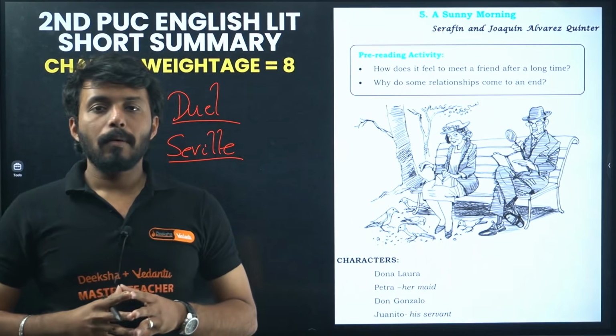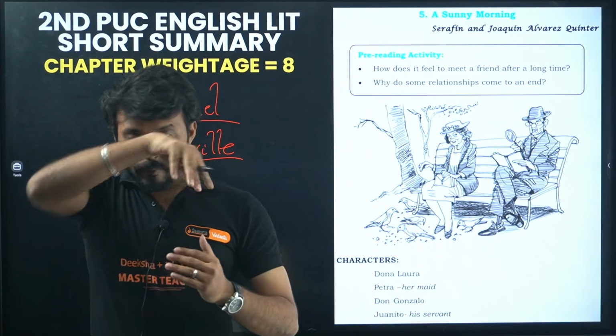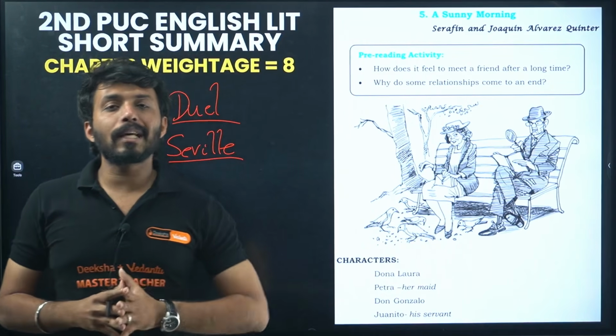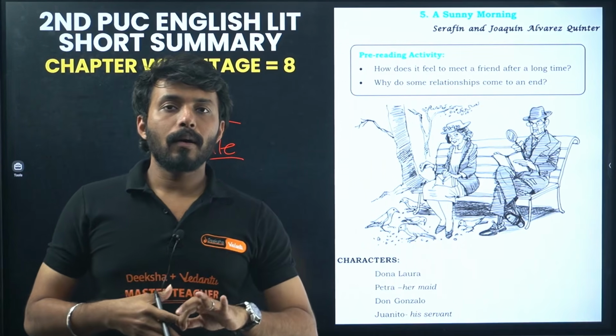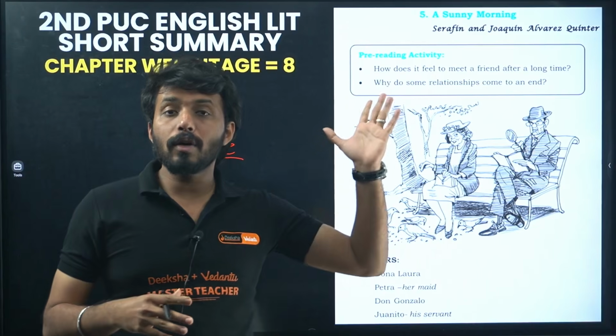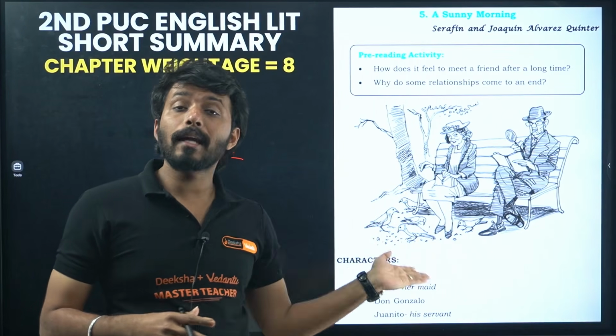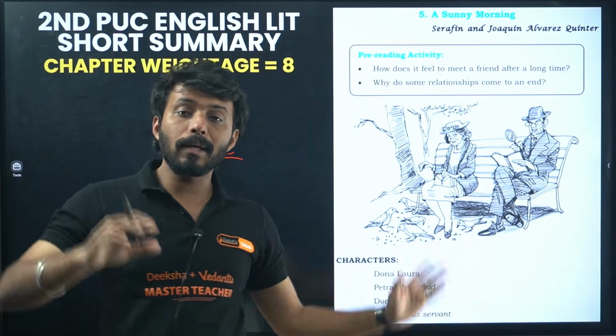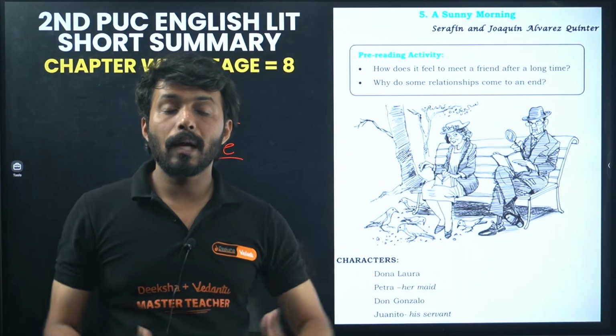But what happens later? Now Don Gonzalo explains this story saying that this gallant horseman was his cousin, when in reality it is himself. So from here on, Don Gonzalo tries to lie about the rest of the story.